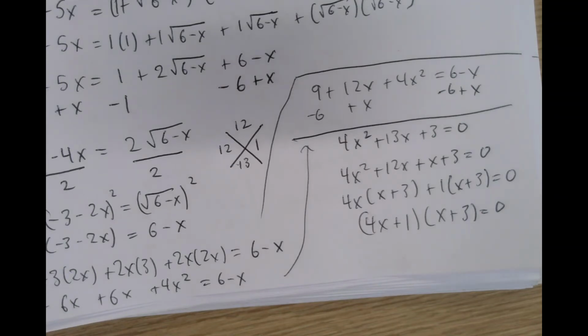Okay, so let's go ahead and do factor by the X box. Does anyone still need this? I actually think that factor by the X box method is essentially this same method, but it's just a little bit more organized.